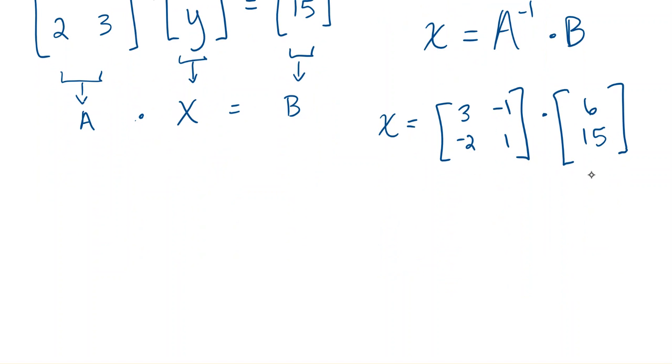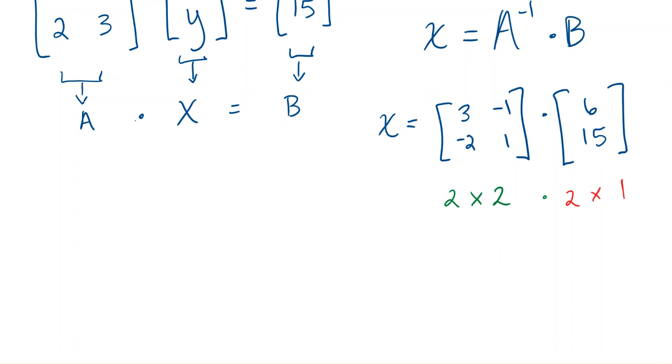Remember, you can multiply matrices if the sizes of the two matrices follow the following rule. Since there's 2 rows, we would call this a 2 by 2 matrix, 2 columns. And this matrix here is 2 rows by 1 column, okay?